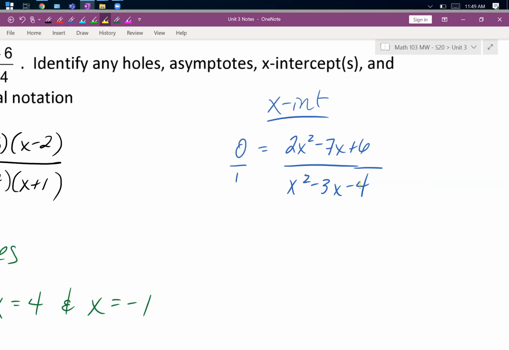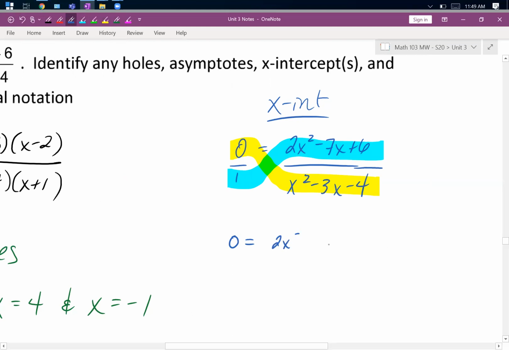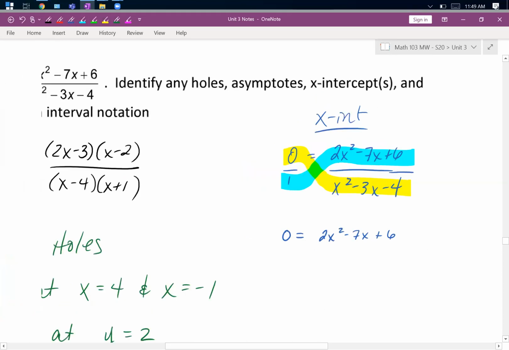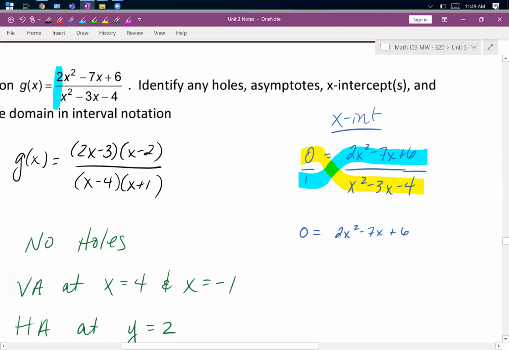So 0 times our denominator is just going to be 0, and then 1 times our numerator is just going to be our numerator. And now we want to solve. Well, I already factored this, so I'm not going to do the work again.